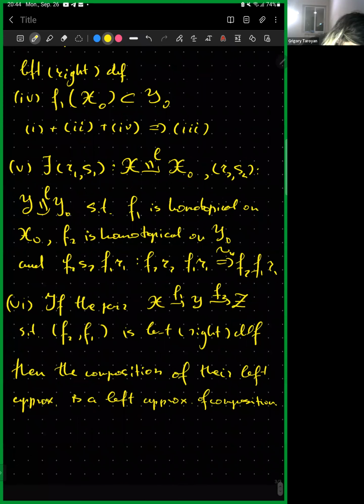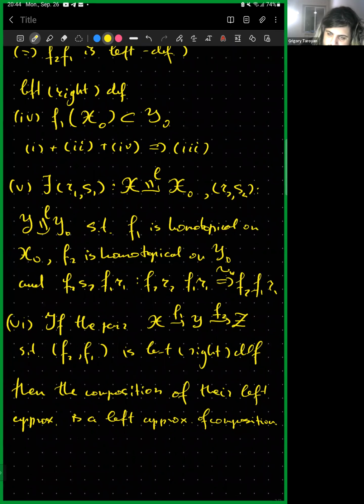And actually, there is a relatively simple, or sometimes simplifying, way to verify that a pair of functors is indeed left or right deformable.